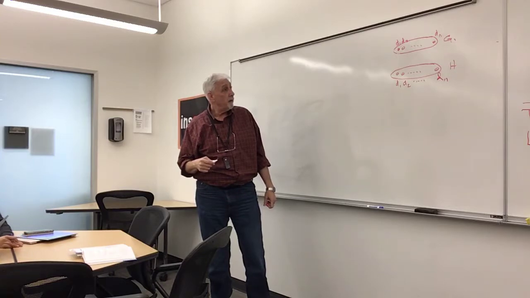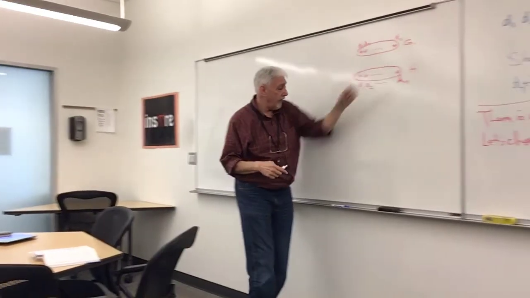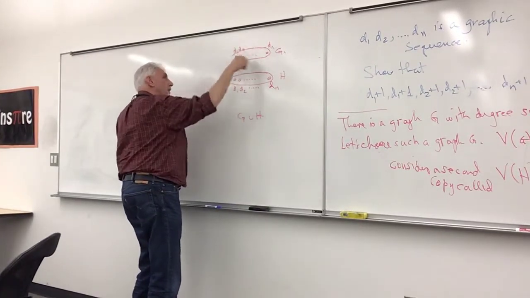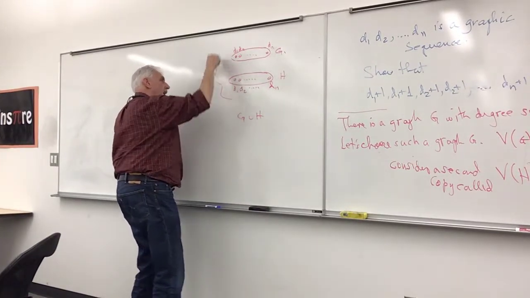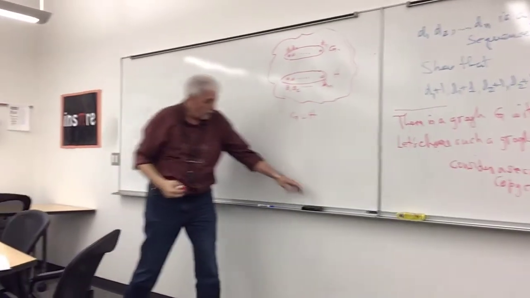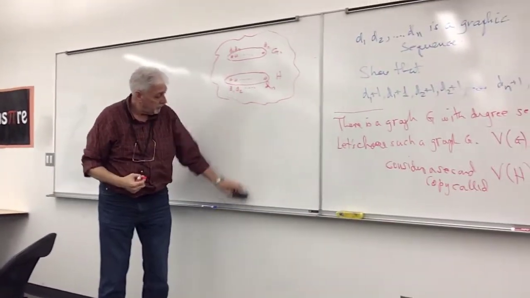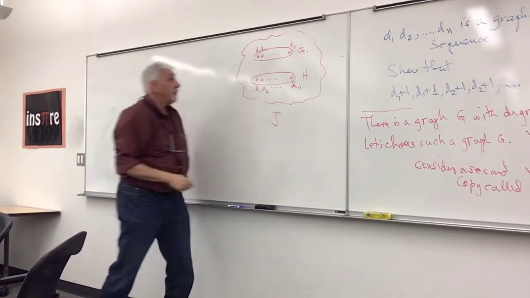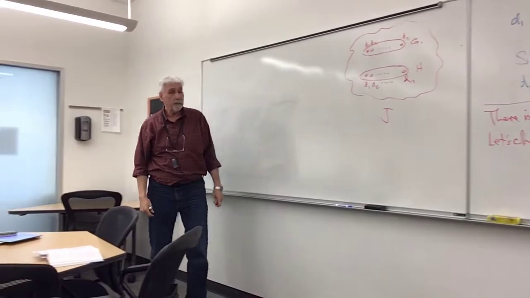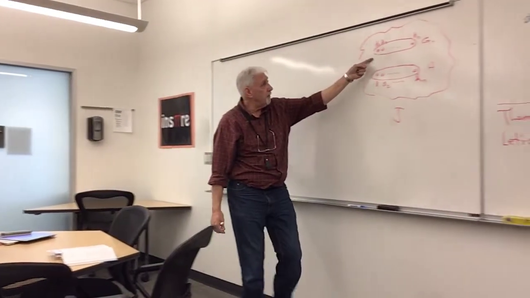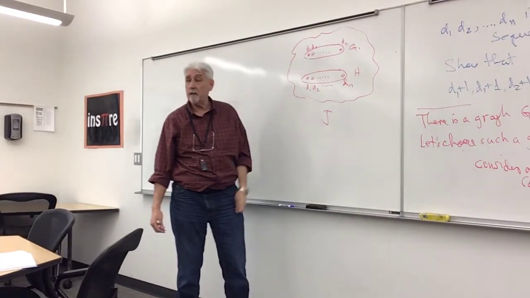Okay, so let's look at G, this big graph. This is a graph, and this is a graph, and now imagine I'm going to construct a new graph. I've run out of letters, so let's call this J. So J is made up of 2n vertices.